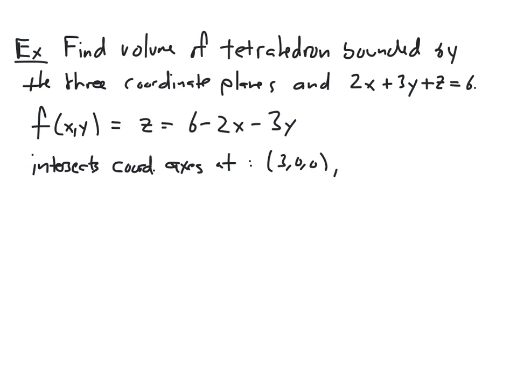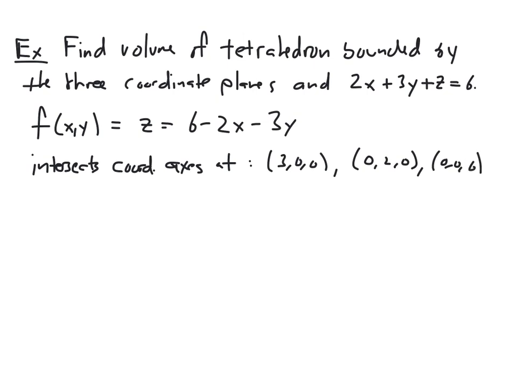Similarly, it intersects the y-axis if we let x and z be 0, and we get y is 2. And it intersects the z-axis when x and y are equal to 0, so we get 0, 0, 6.